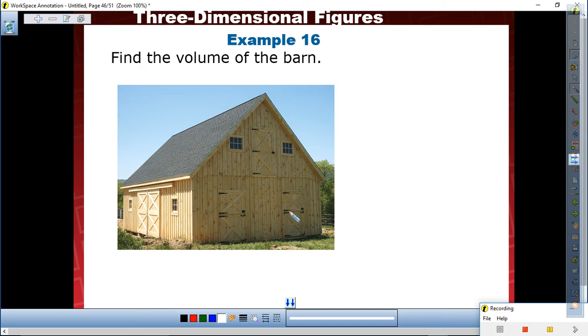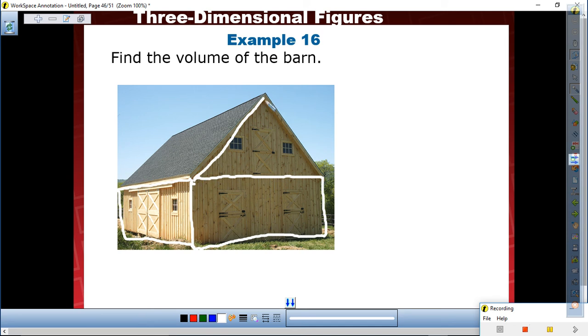All right, let's see. First thing, who saw that the base of it is a rectangular prism? Yeah, that is correct. A rectangular prism is the base. All right. Also, who saw that the top part is a triangular prism? Yes, that is correct.